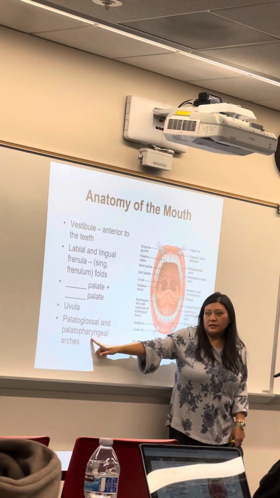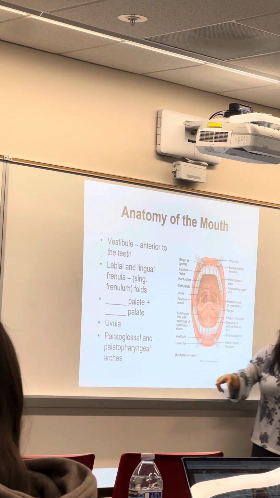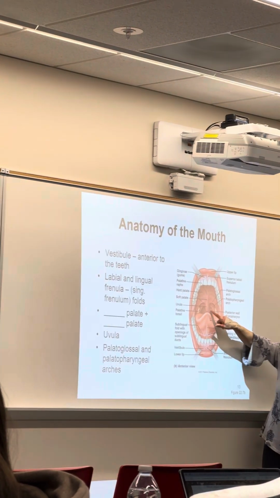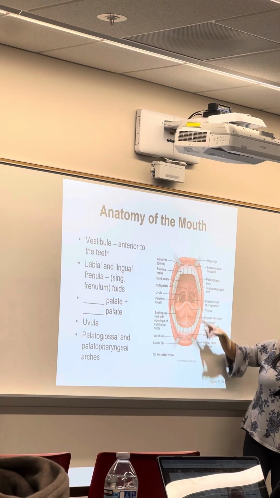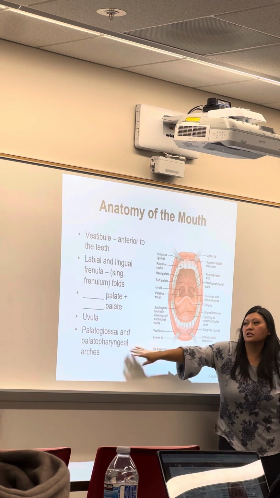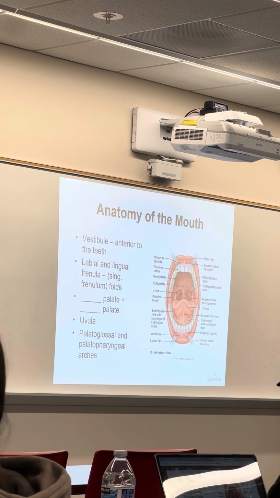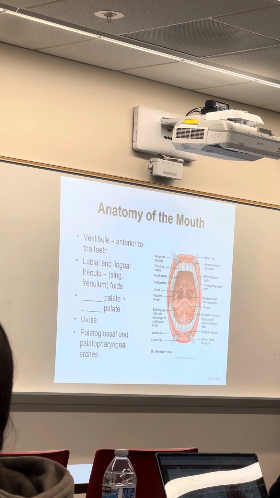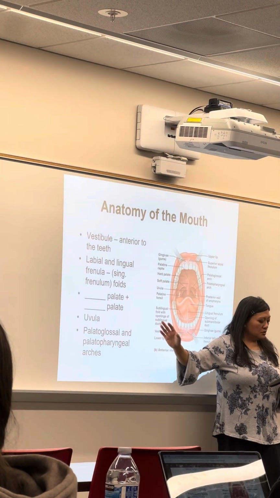This is the one that is closer to the back, which is why this is palatopharyngeal, because the pharynx is back there. So the one in the front is palatoglossal, the one in the back, that is palatopharyngeal. That's our anatomy of the mouth. So just how much I want you to know of it, okay? Don't memorize everything that's on here. You should just know these features.